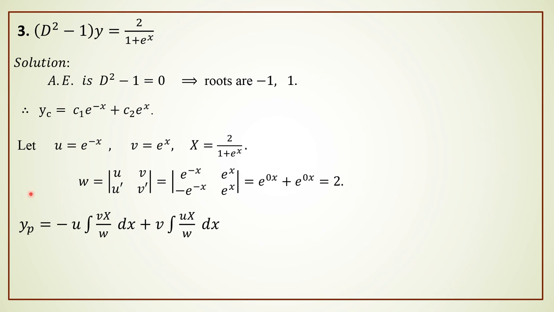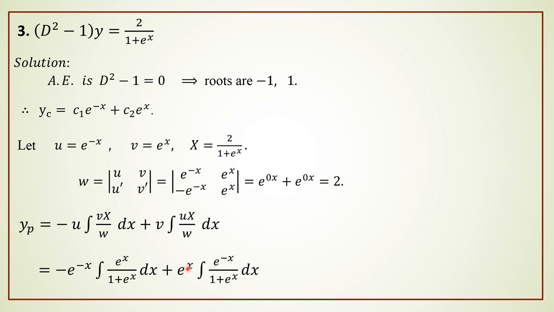Hence the particular integral of the given differential equation is equal to minus u into the integration of v into X divided by the Wronskian with respect to x, plus v into the integration of u into X divided by the Wronskian with respect to x. So just substitute u, v, X and the Wronskian over here. So you have yp is equal to minus e^(minus x), v is e^x into X, that is 2 divided by 1 plus e^x, divided by the Wronskian, that is 2.